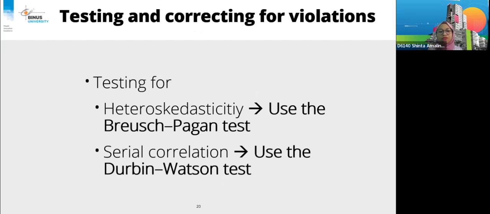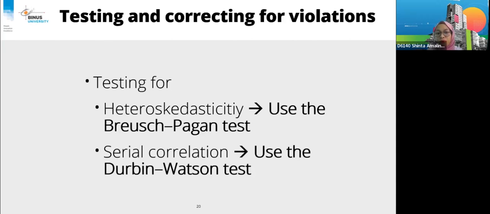So how do we test for heteroscedasticity? First, we can use Breusch-Pagan. This is one of the tests. There are many tests for heteroscedasticity, but the Breusch-Pagan test is widely used for heteroscedasticity, and Durbin-Watson for serial correlation.